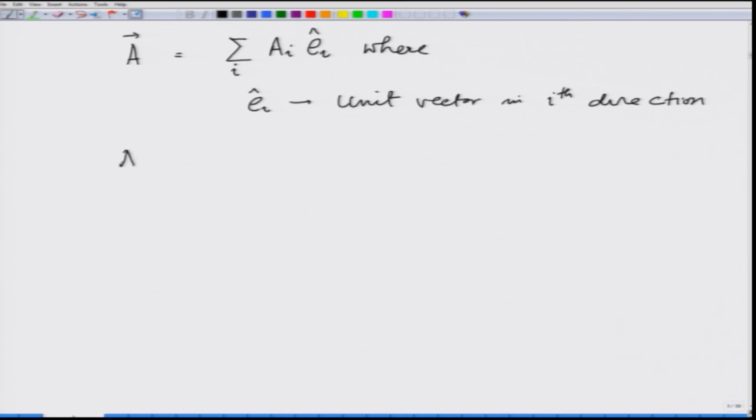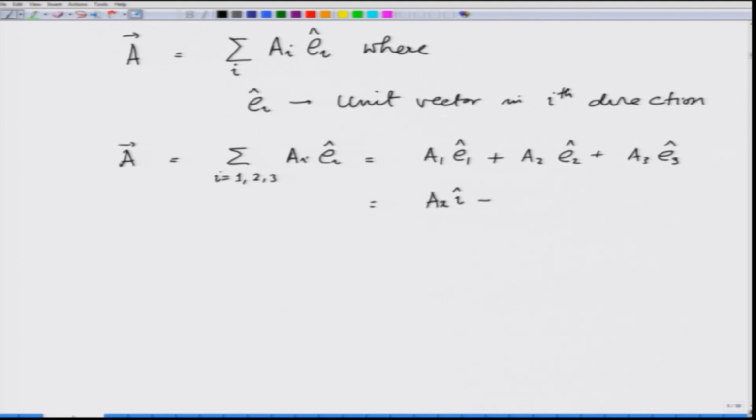If I expand it, it will be summation i varies from 1, 2, 3, a_i e_i, and that becomes a_1 e_1 plus a_2 e_2 plus a_3 e_3, which when translated into our regular language of x, y and z, will become a_x i plus a_y j plus a_z k.